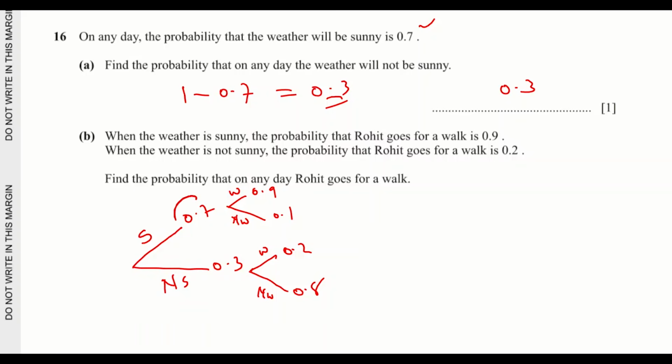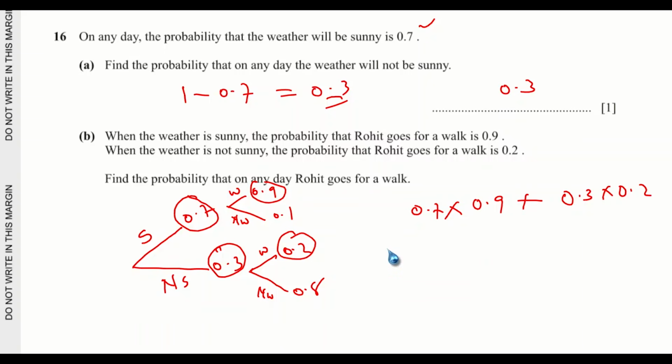That is, it's either you have this and this, that is 0.7 multiplied by 0.9, or, that is addition, it will be this and this. So that will be 0.3 multiplied by 0.2. That will be the probability that on any day Rohit goes for a walk.